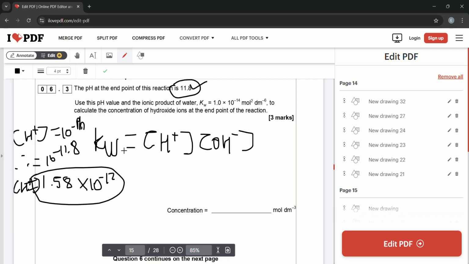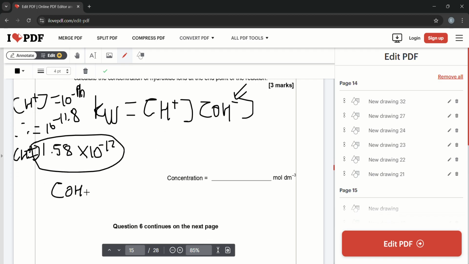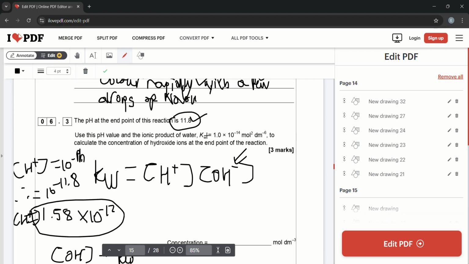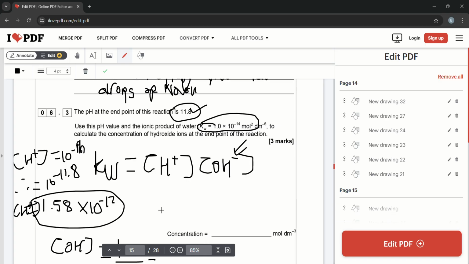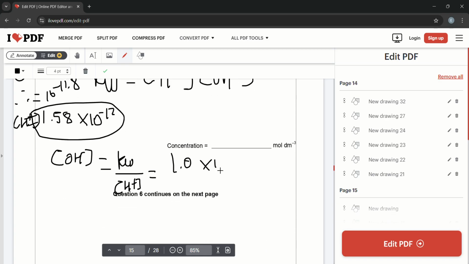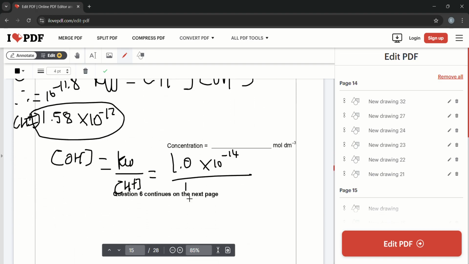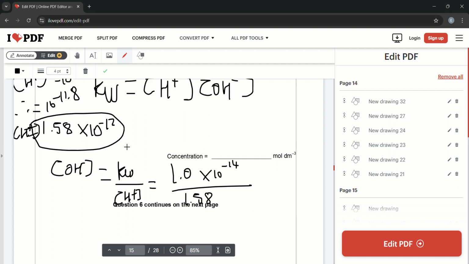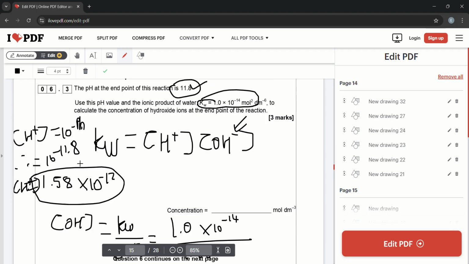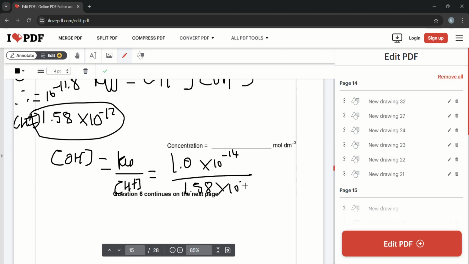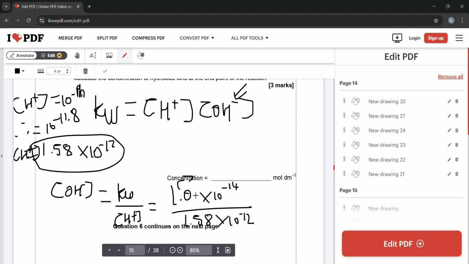And now we can rearrange this because what we're trying to find is the hydroxide ions, so OH minus equals Kw divided by H plus, and we are given Kw in the question, 1.0 times 10 to the power minus 14, divided by 1.58 times 10 to the power minus 12, the concentration of H plus ions which I just worked out using H plus equals 10 to the power minus pH, and then we get the answer that we need.